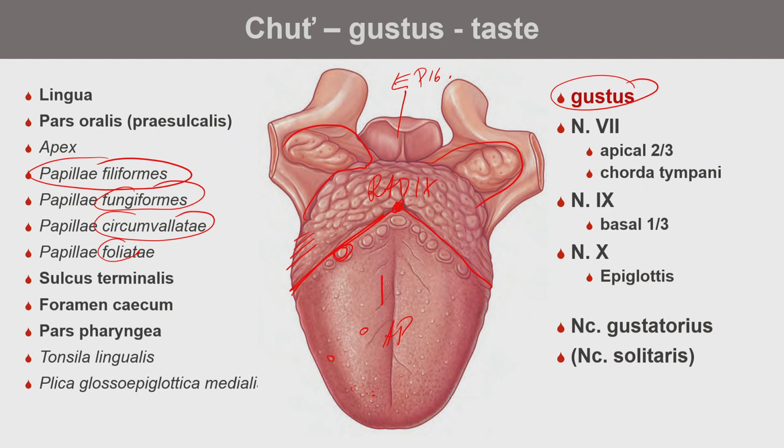Three cranial nerves are facial nerve, seventh. Seventh takes information from apical 2/3 part, and the information is led through the chorda tympani.